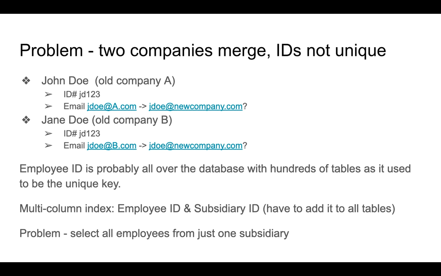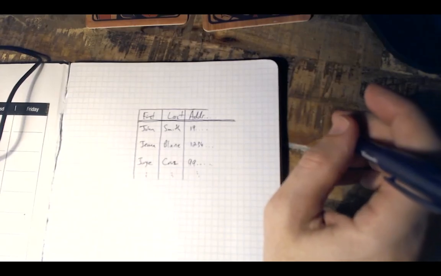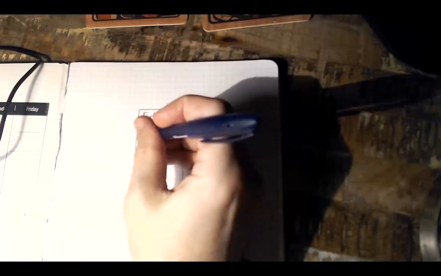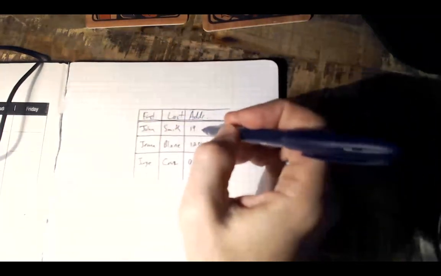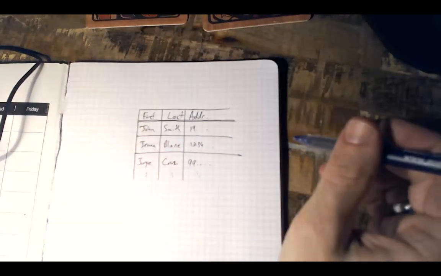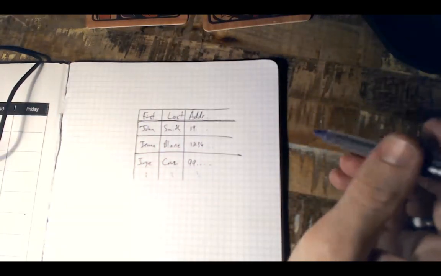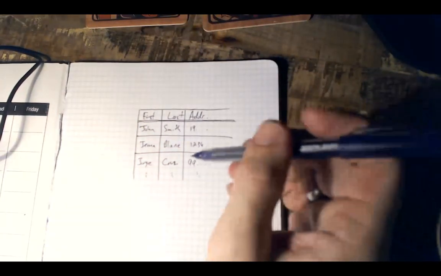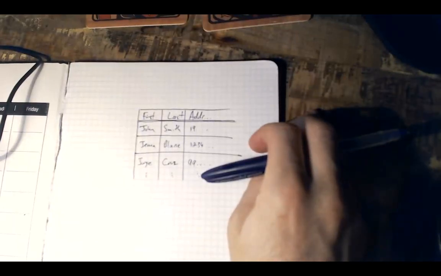I want to just quickly show you as well how indices and keys work. All right, so here we have a table that I drew up. I love graph paper, it's like my favorite thing. I have a first name, a last name, and an address, and we're trying to figure out how the data structure of keys works.